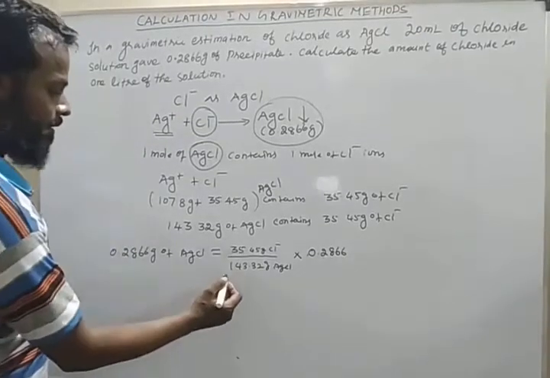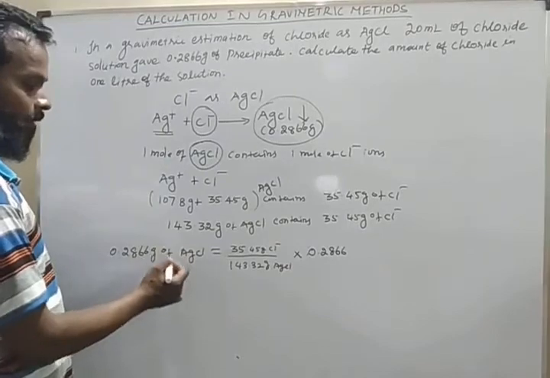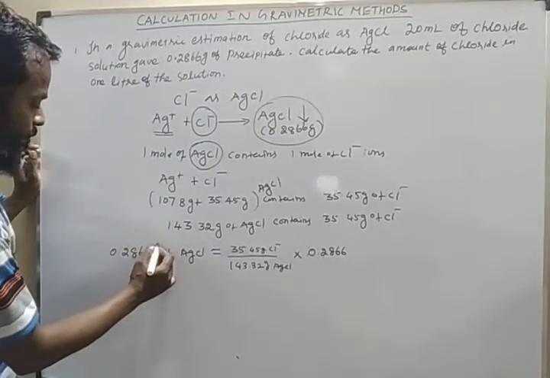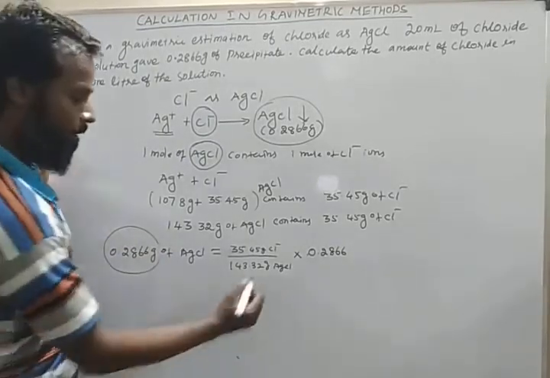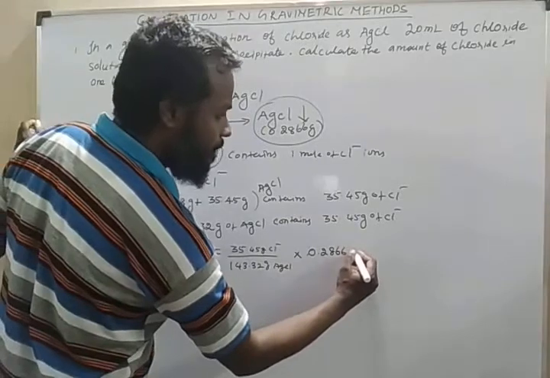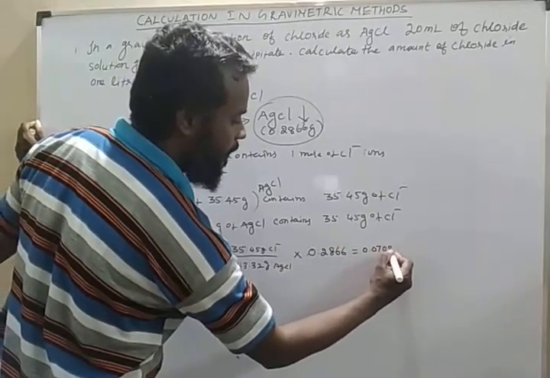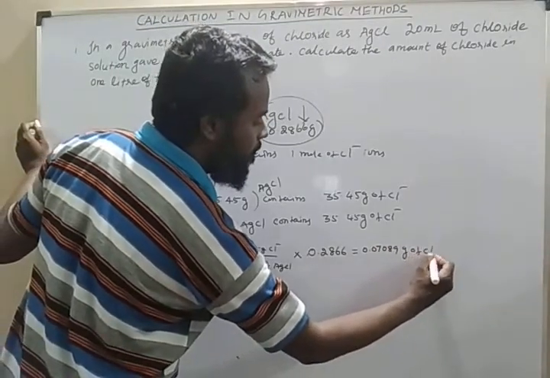If we solve this, we will get the value, that is equal to 0.07089 gram of chloride.